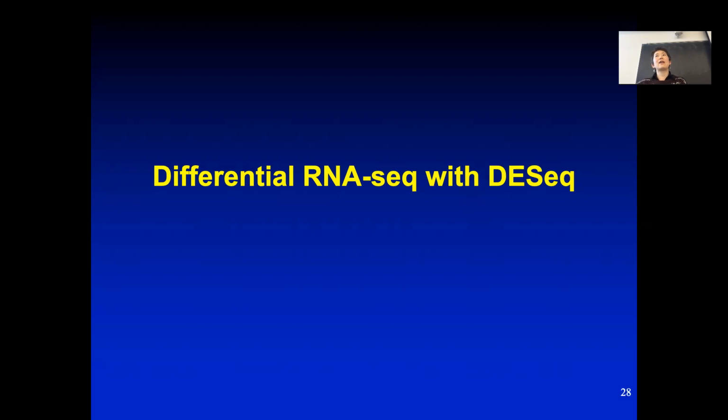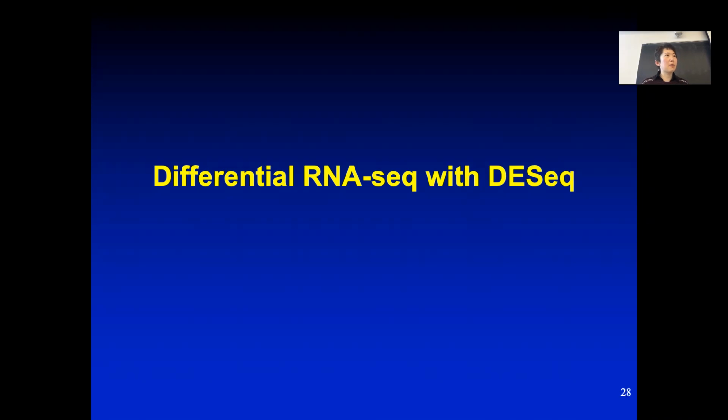Then you can do t-tests or whatever to look at the differential expression. But if the data is not following a normal distribution, you can use some non-parametric tests to see whether the samples in one group are significantly different from samples in another group.